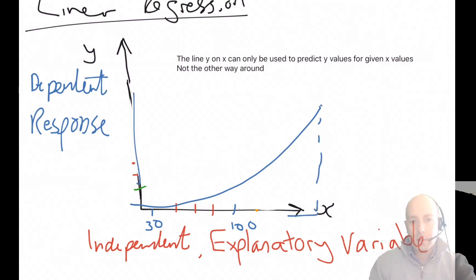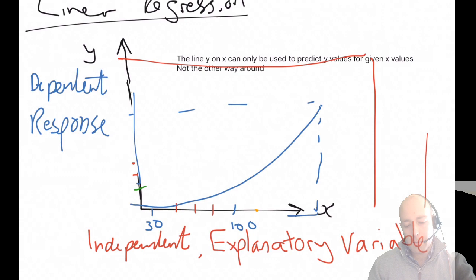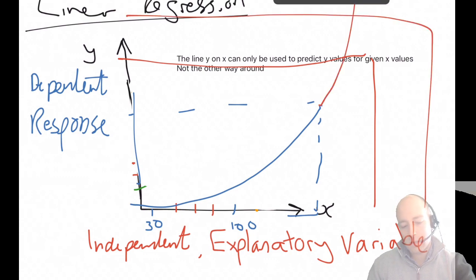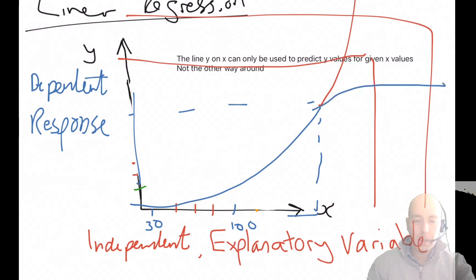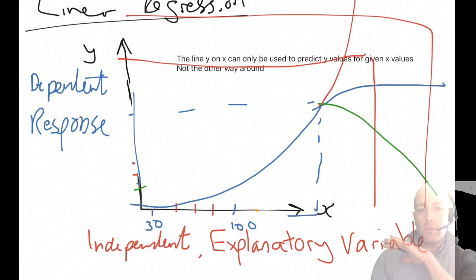We don't know what's going to happen next week. We couldn't use this model to predict what's going to happen here or here because we don't know. Maybe it's going to go up more. Maybe it's going to plateau. Hopefully it's going to drop back off. But you can't predict outside of the range of the data that you have.